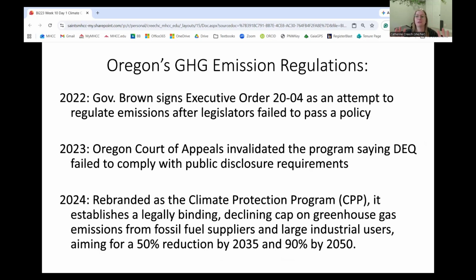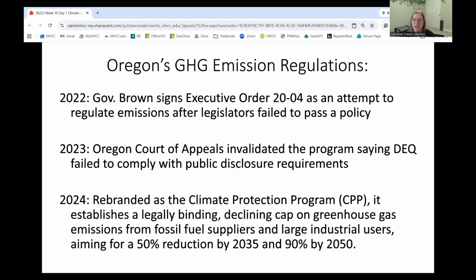So that went into effect because she signed it. And then next year, it was invalidated because the court said that the DEQ, the Department of Environmental Quality, I believe, was failing to comply with public discourse requirements. So after it was invalidated, it sat for another year.